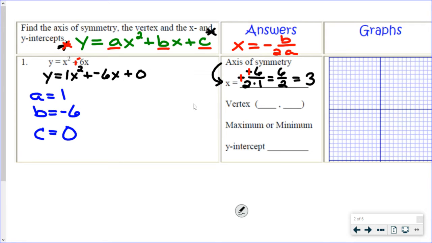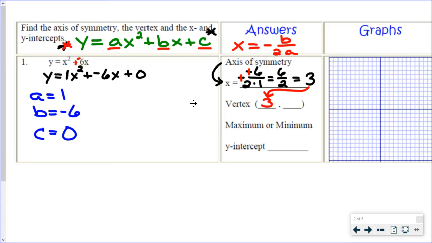Fill that out along with me, okay? Okay. Then that is my axis of symmetry. X equals 3. That 3 goes here. You copy that down there. That's part of my vertex. And remember, the vertex is where it changes from down to up or from up to down.